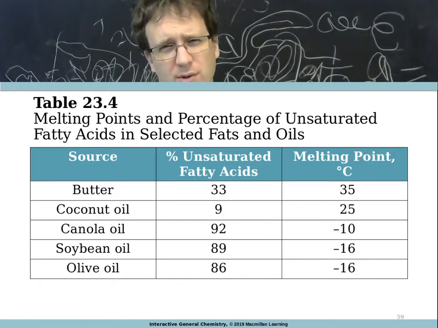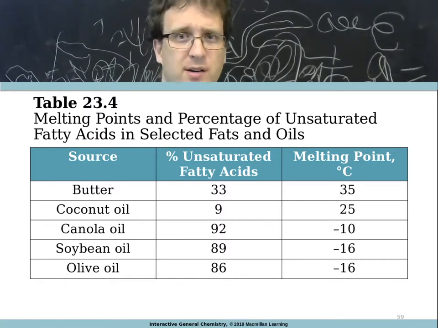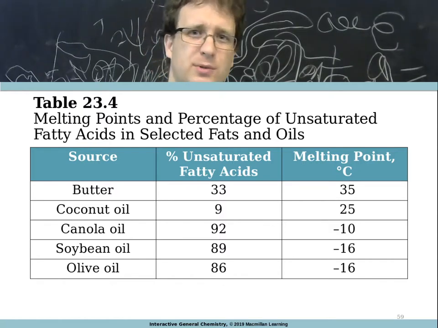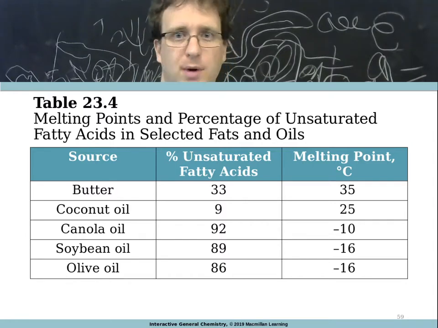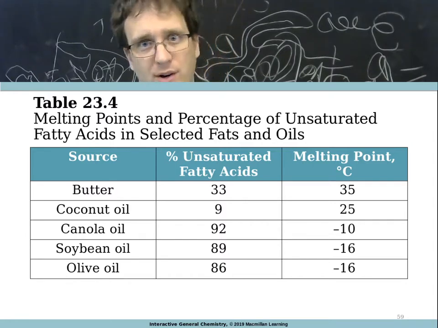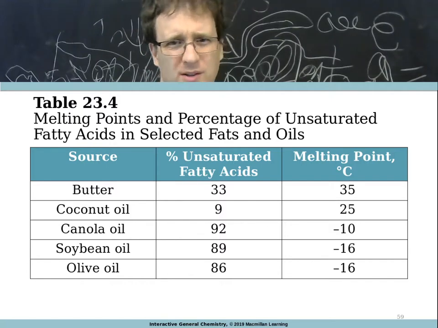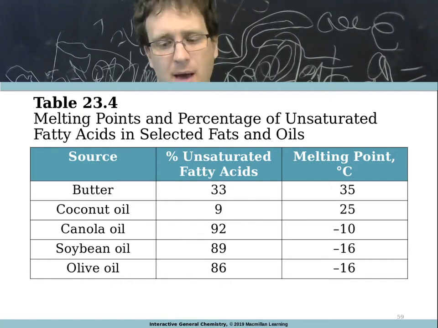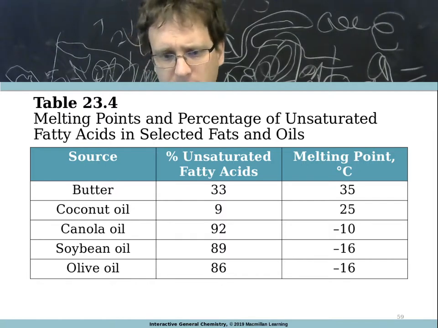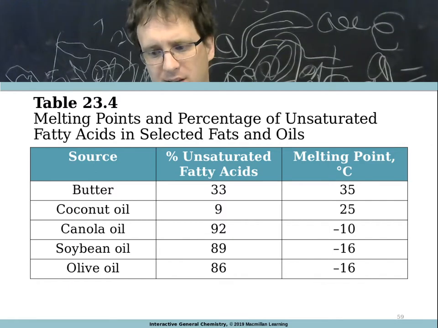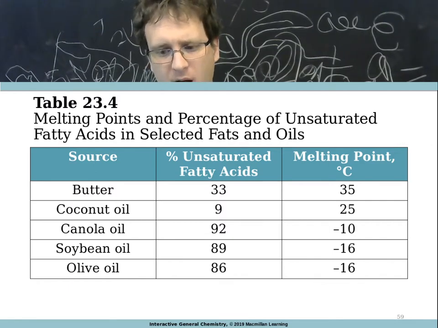Something like margarine is kind of a solid at room temperature. Some butters are harder than margarine. Something like coconut oil is called an oil, but it's really very soft. Anyway.